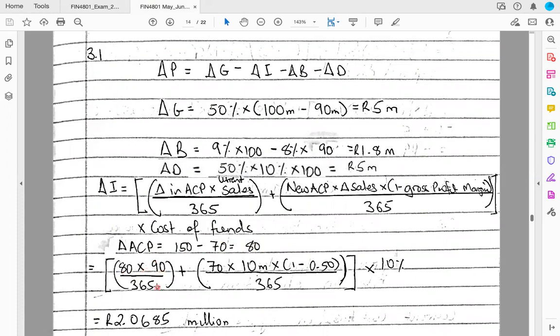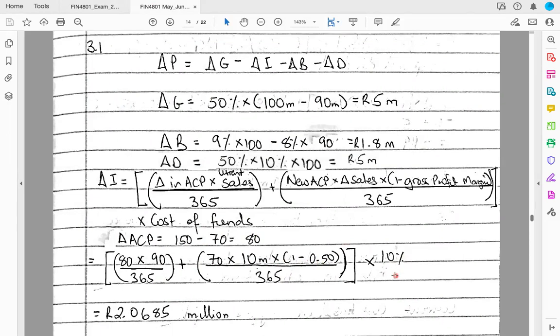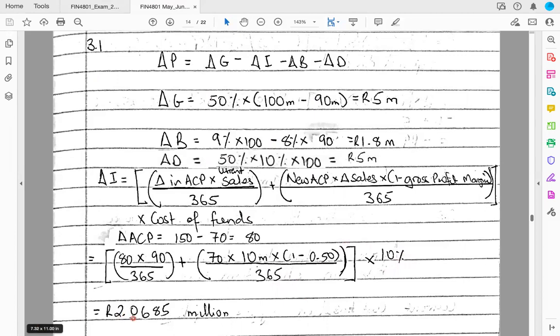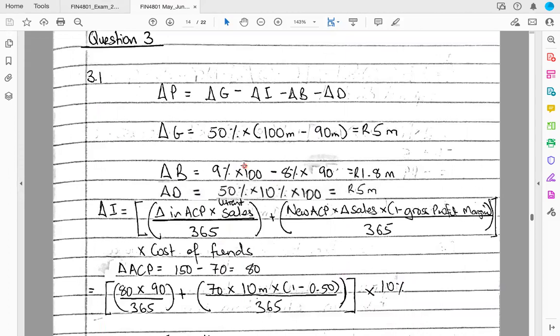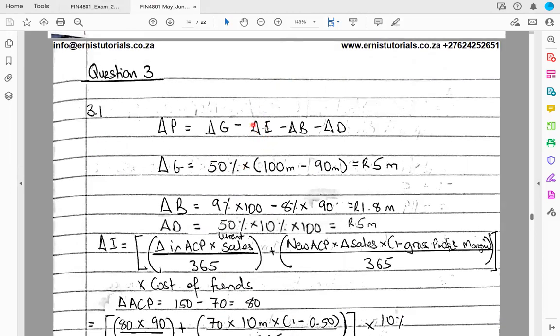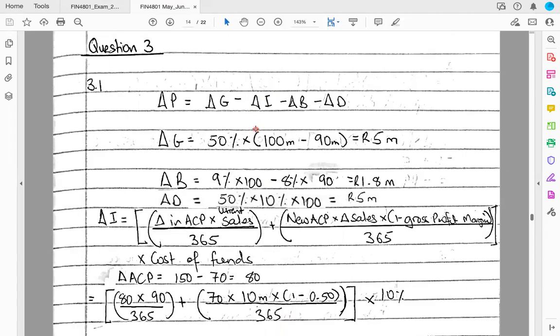Current sales is 90 over 365 plus our new average collection period times the change in sales, which is 100 minus 90, times 1 minus the gross profit margin, over 365. Then we multiply that by the cost of funds and we get 2.0685.